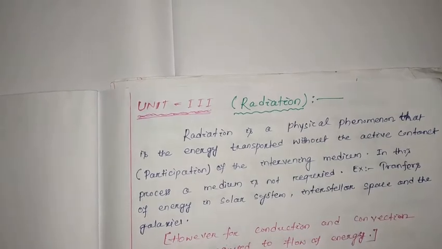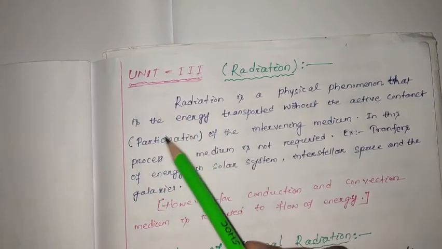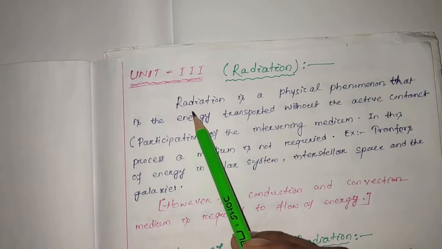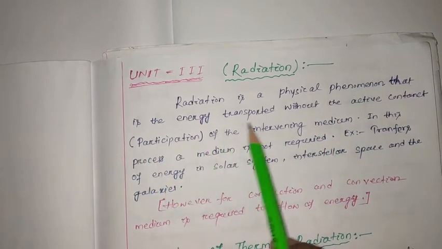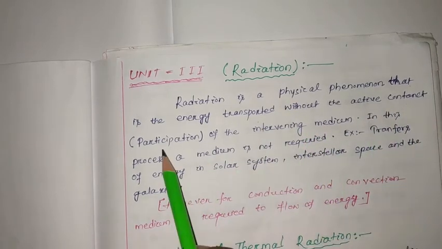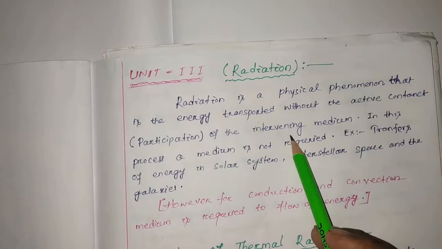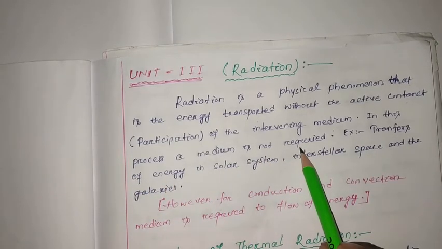Basically, in this topic we are going to discuss thermal radiation. As per the definition, radiation is a physical phenomenon in which energy is transported without the active contact or participation of the intervening medium. In this process, a medium is not required.